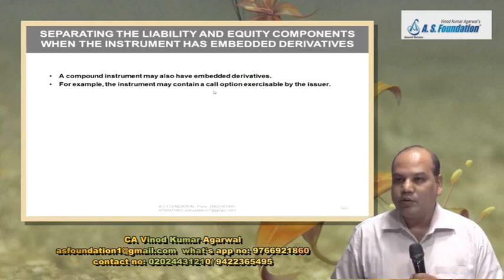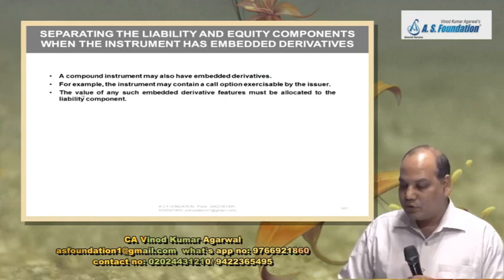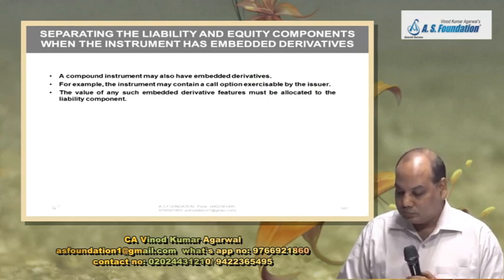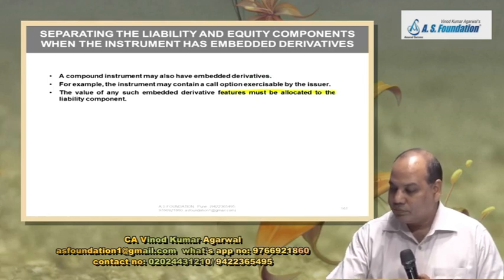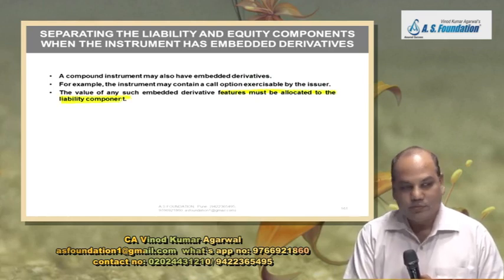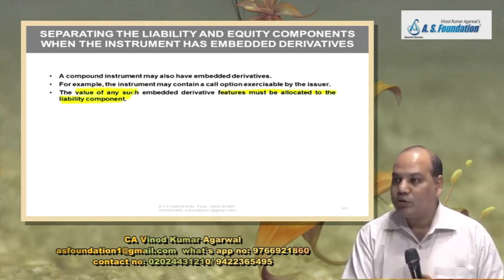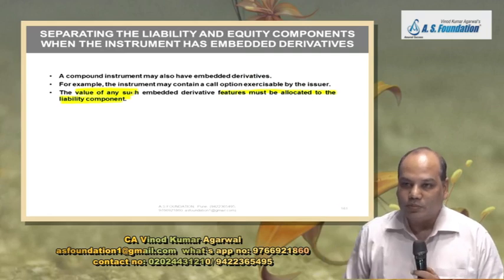Issuer can redeem the bond before maturity, can buy back the bond before maturity. So the value of any such embedded feature must be allocated to liability component. Whatever is the option premium will be allocated to liability component.